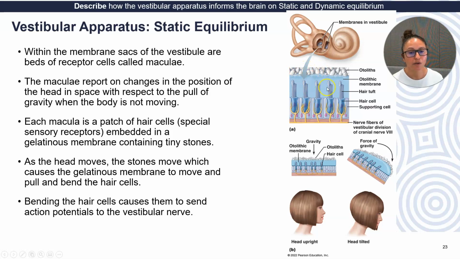Now we have these little contraptions. We have two of them, one sitting in a horizontal direction and one sitting in a vertical direction. When we move our head, it causes the hair cells to bend, which causes the jelly to pull. So start again.